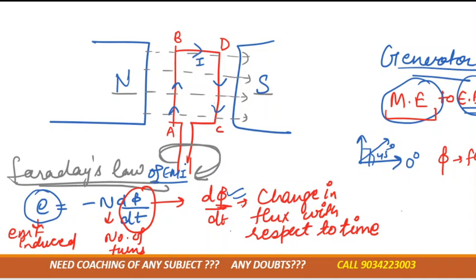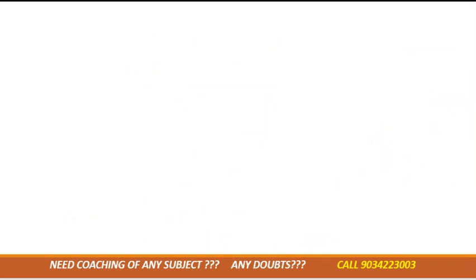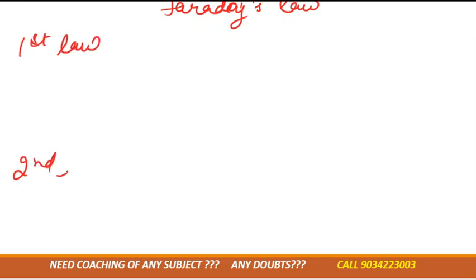Okay, clear this thing? Now Faraday gave two laws. You should know Faraday's laws. We have the first law and the second law. The second law, which I just told you, is E is equal to minus n d phi by dt.